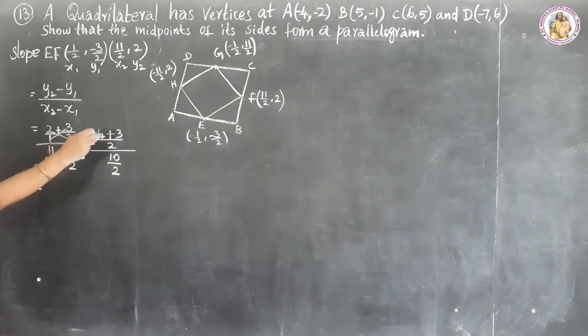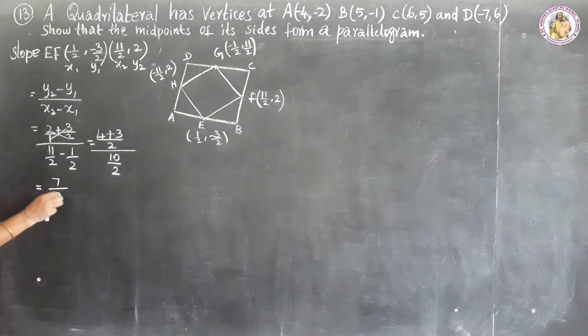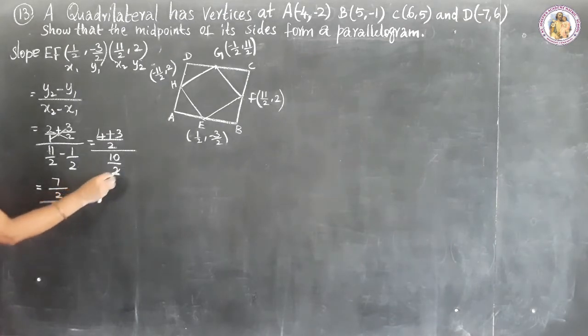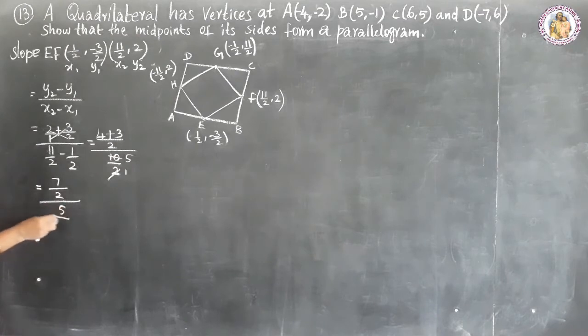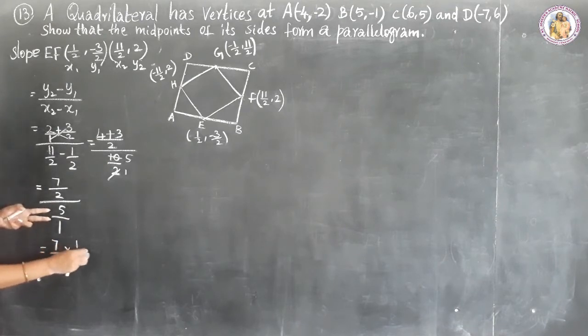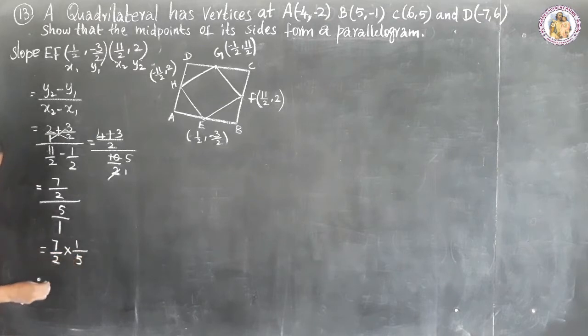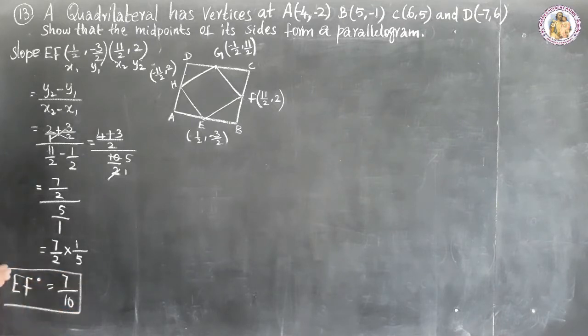The next step, 4 plus 3 is 7, 7 by 2 divided by 2 ones are 2, 5 twos are 10, so 5 by 1. In the next step, 7 by 2 into 5 by 1. When it goes for multiplication, the reciprocal is 1 by 5. So 7 ones are 7, 5 twos are 10. Slope of EF is equal to 7 by 10.